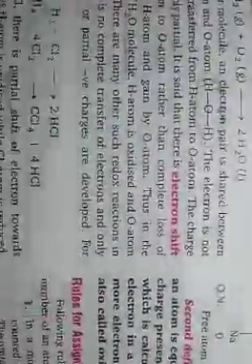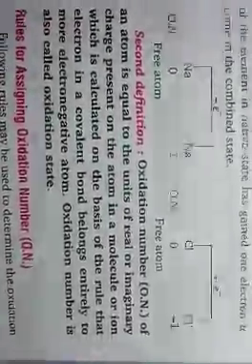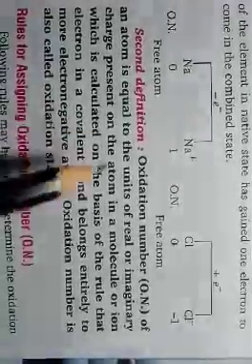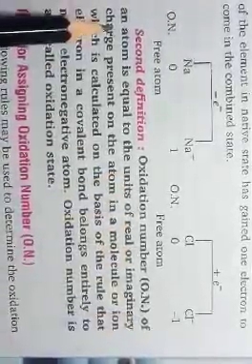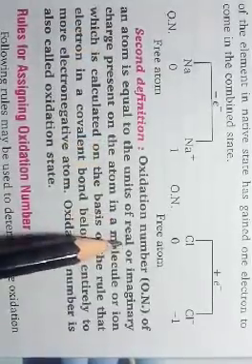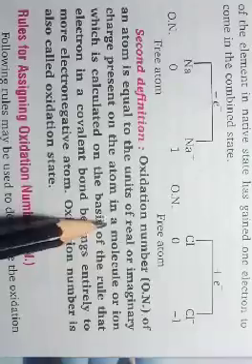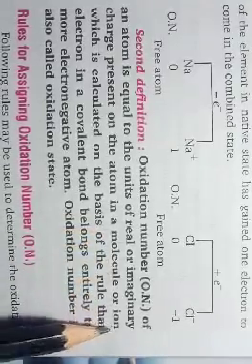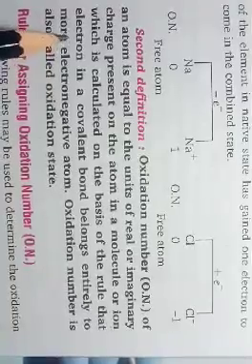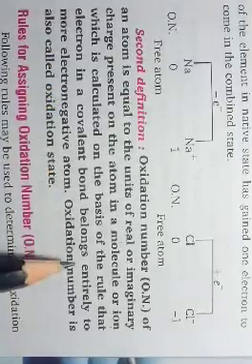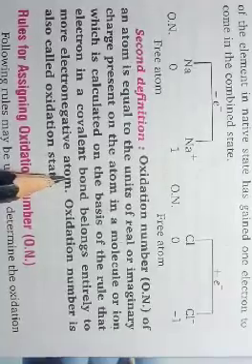Then according to the second definition, the oxidation number of an atom is equal to the units of real or imaginary charge present on the atom in a molecule or ion, which is calculated on the basis of the rule that the electron in a covalent bond belongs entirely to the more electronegative atom.